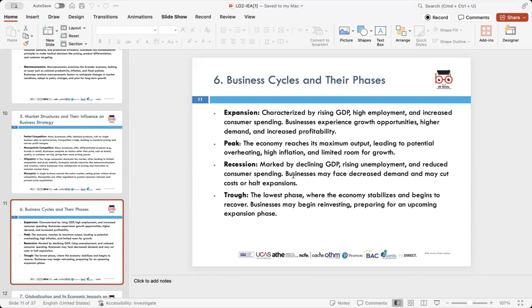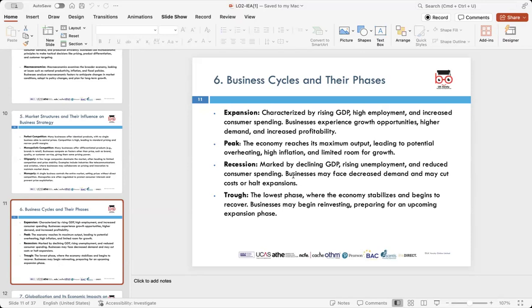Next is recession. During a recession, economic activity declines, GDP falls, unemployment rises, and consumer spending drops. Businesses may face lower sales and financial struggles, leading them to cut costs, delay investments, and implement survival strategies.